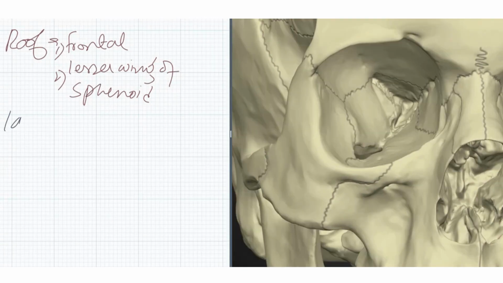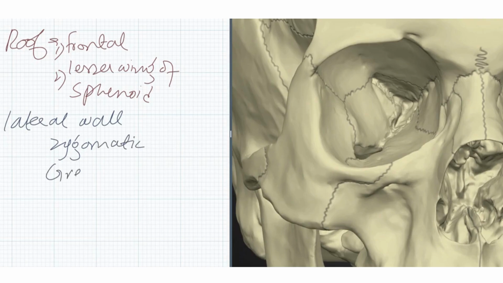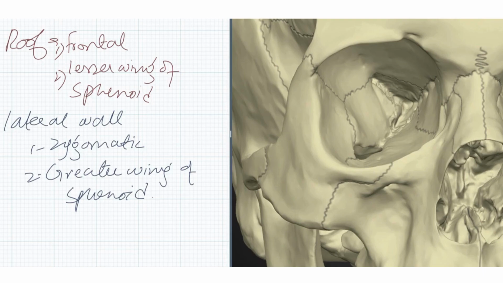The lateral wall is made up of zygomatic bone and greater wing of the sphenoid. I will explain to you what is this greater and lesser wing of the sphenoid.